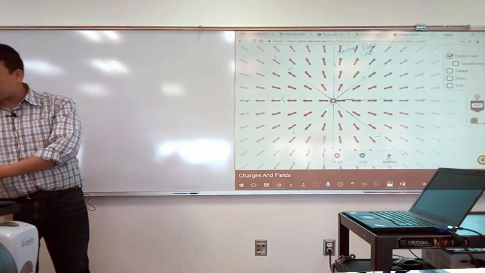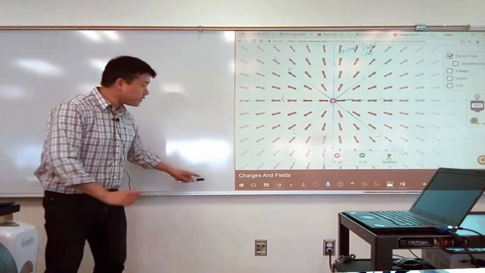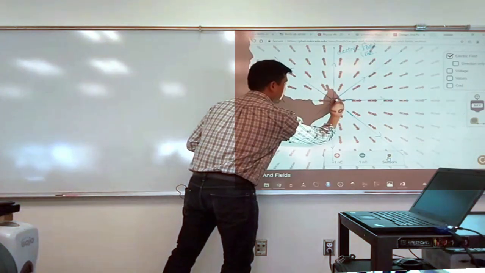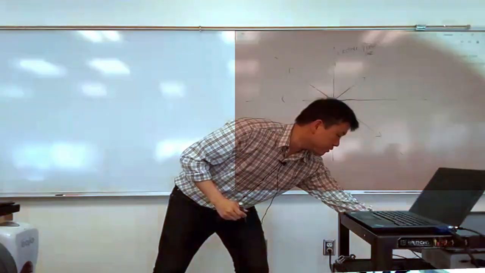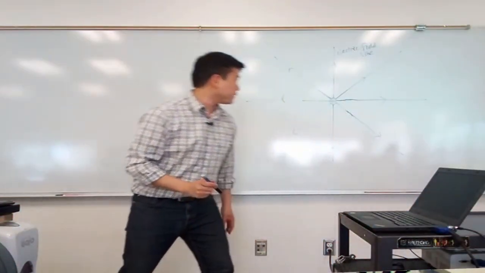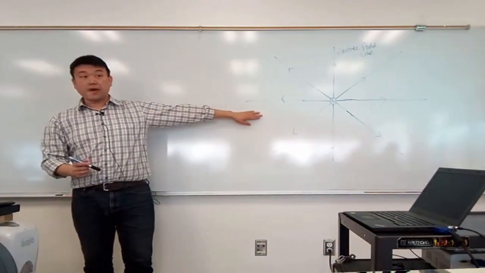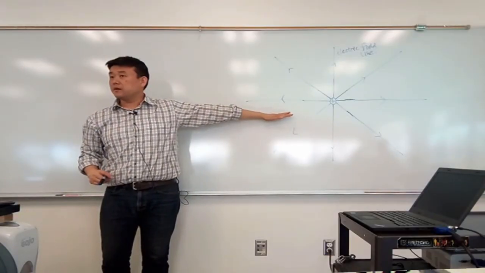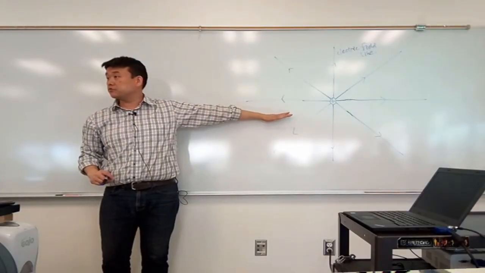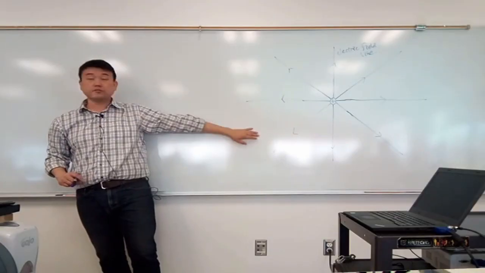So when I'm talking about electric field lines, I'm talking about this, what you see without the vector field. And somehow the electric field magnitude is represented in this figure as well.